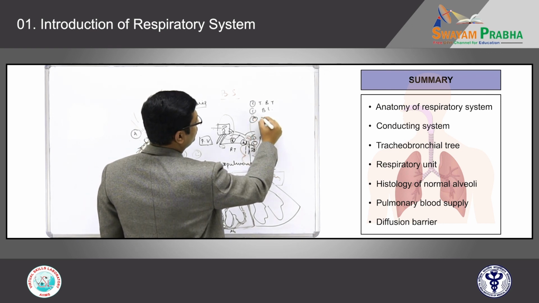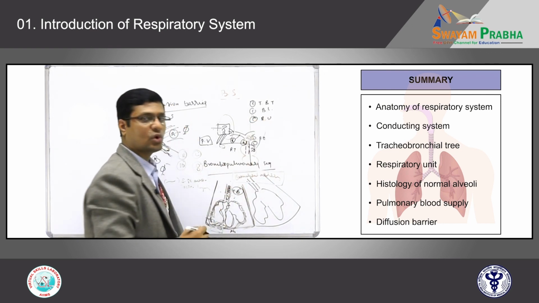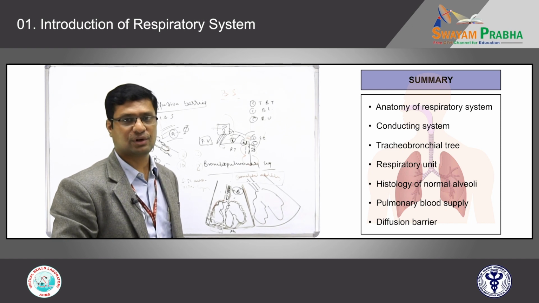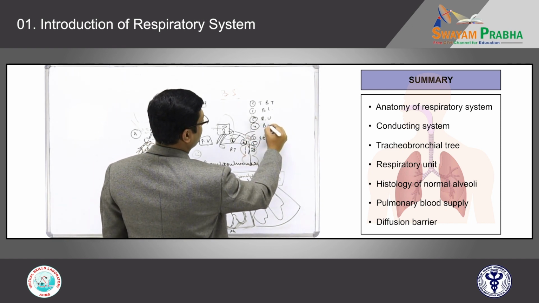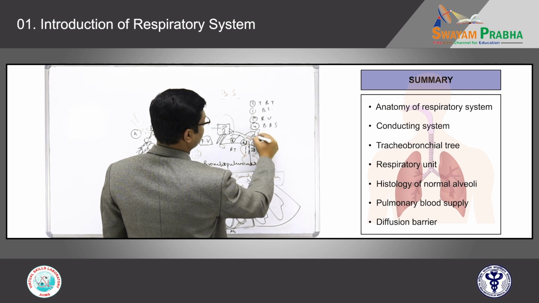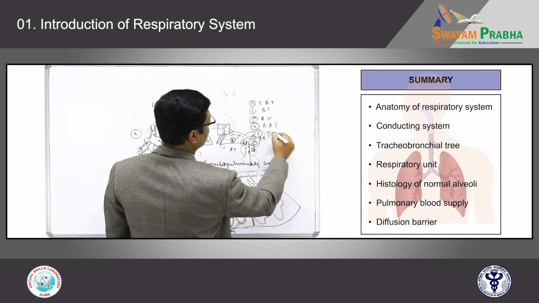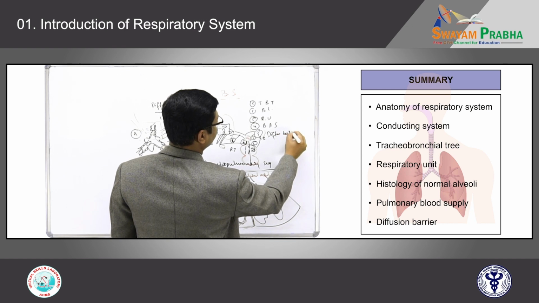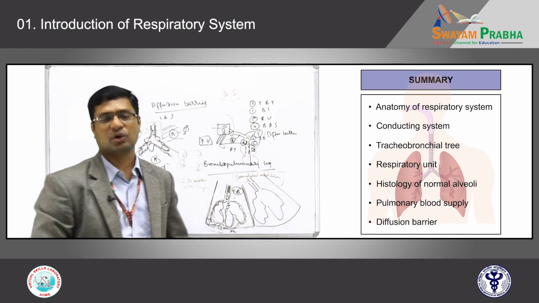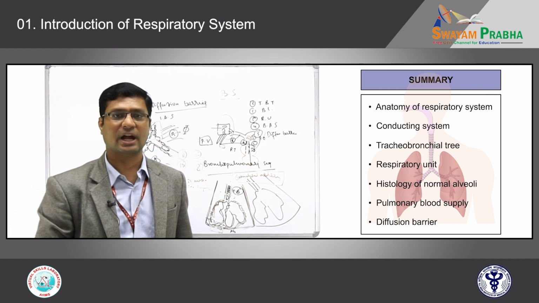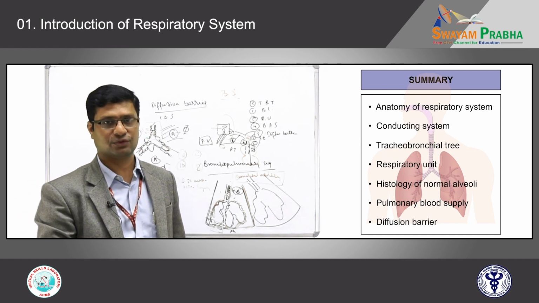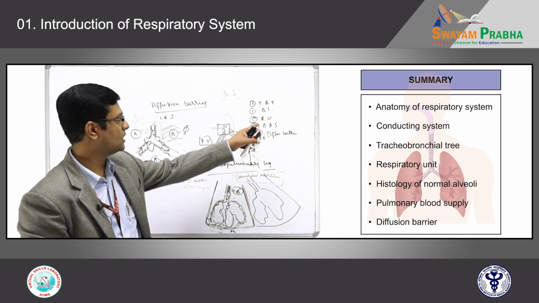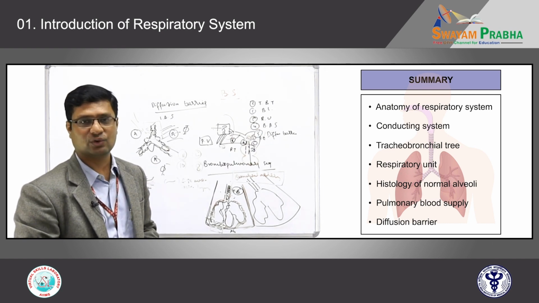We spoke about the respiratory unit, what exactly the components of the respiratory unit are, and the bronchopulmonary segment, and finally the alveoli and the diffusion barrier. All of you should be aware of and thorough with these terminologies to understand the actual pathology in future classes. These are the features we highlighted in today's lecture.